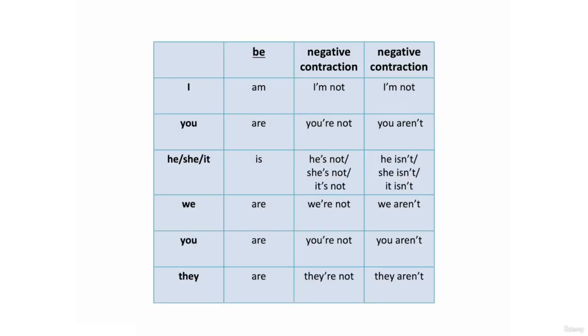Let's review the negative contractions of the verb to be. As we saw in our previous lesson, there are two ways to contract the verb to be, except for the pronoun I, which remains I'm not. The negative contractions possible are you're not, you aren't.